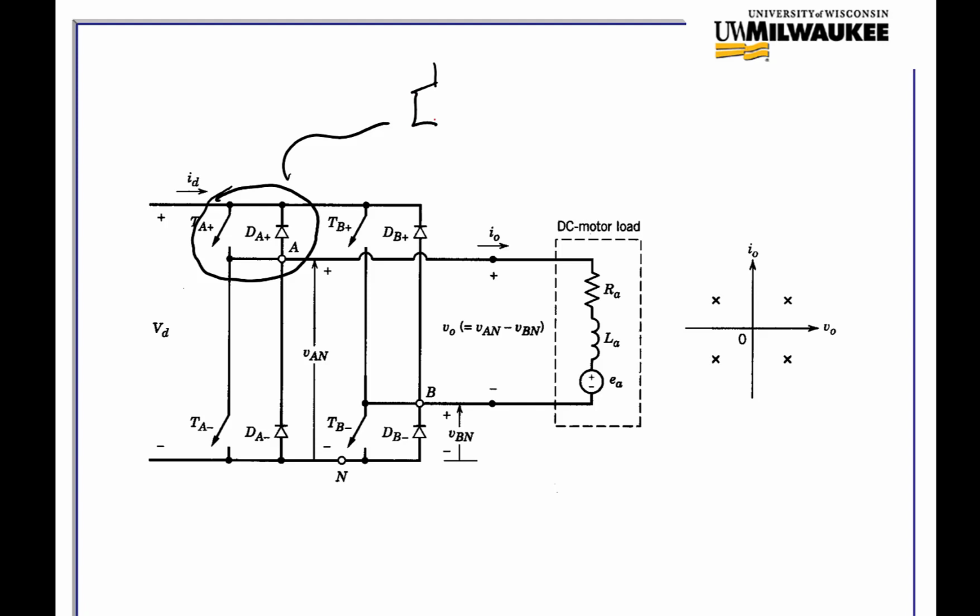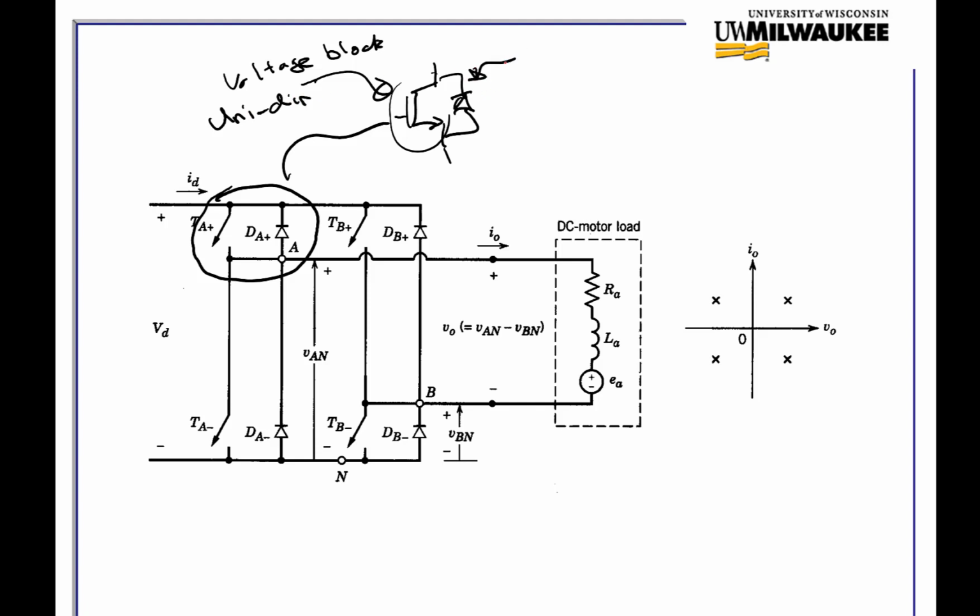That's an IGBT because it's completely controllable. I've got basically a voltage blocking unidirectional switch here.